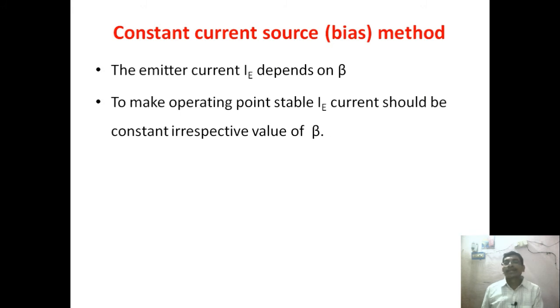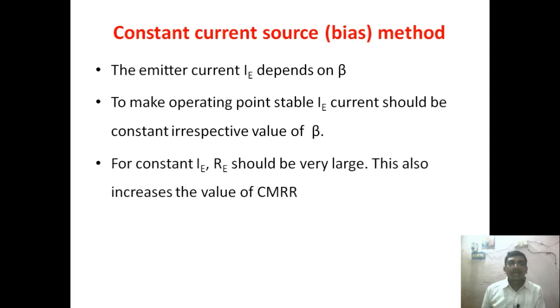To make the operating point stable, the IE current should be constant irrespective of beta. In order to make our operating point stable irrespective of external factors like temperature, we should maintain IE as a constant current. For maintaining a constant IE current, the value of RE, the emitter resistance, must be very large.